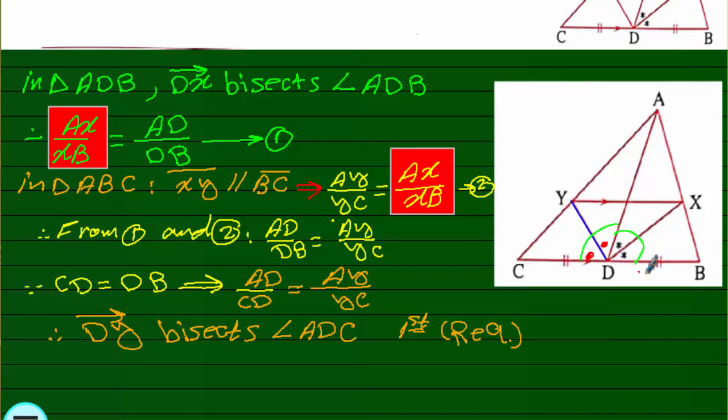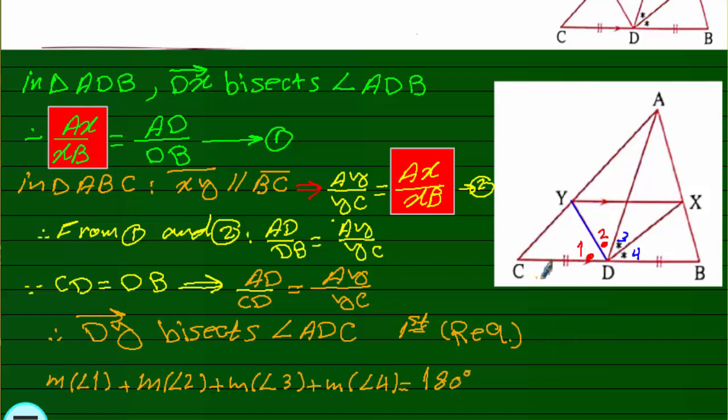So we have a relation here. We have DY is the bisector of angle ADC. So measure of angle ADY equals the measure of angle CDY here. So let us number these angles here: angle 1, 2, 3, and 4.